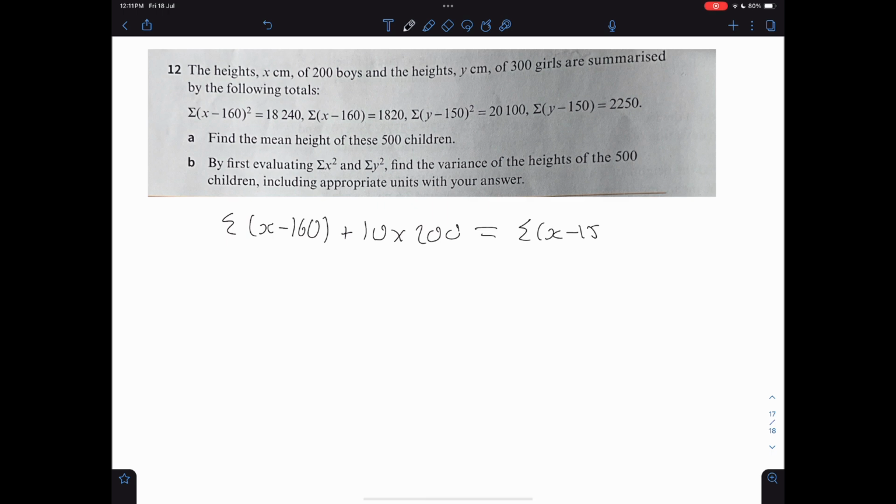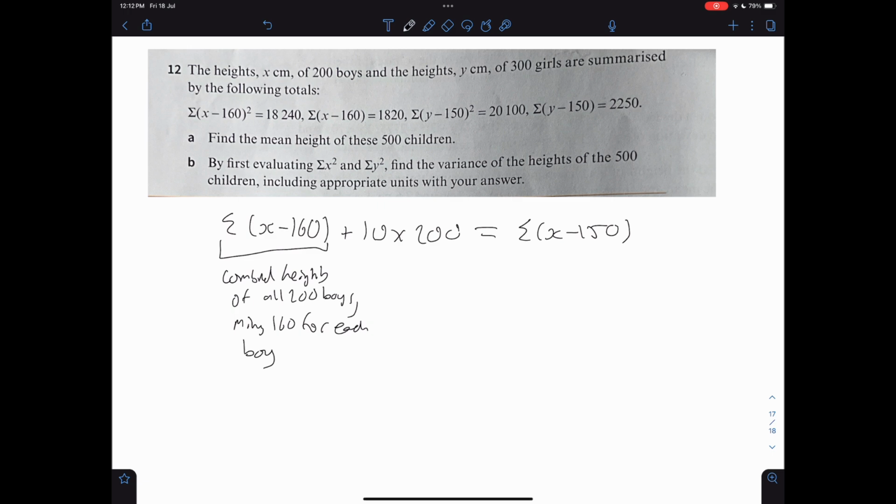Because there are 200 boys, what this means is the combined heights of all 200 boys minus 160 for each boy. So that means minus 160 times 200. And if we want to match the y − 150, we just need to add back 10 times 200 to get the sum of (x − 150).